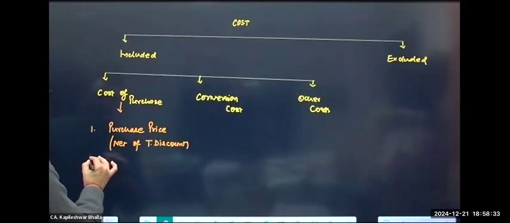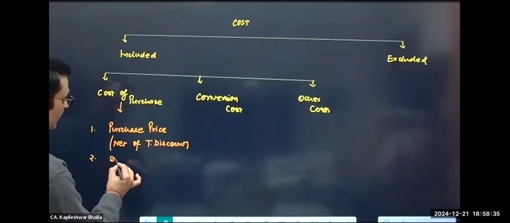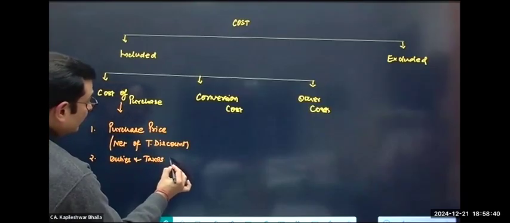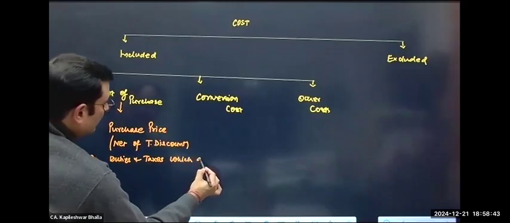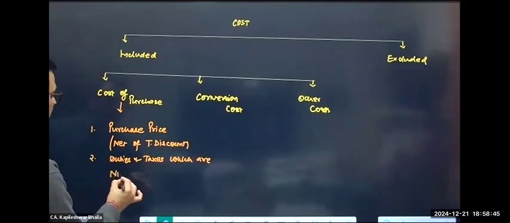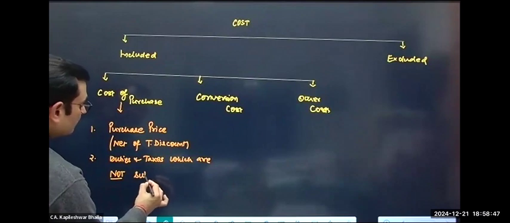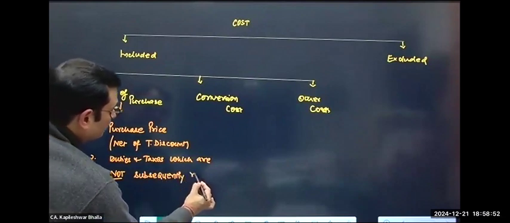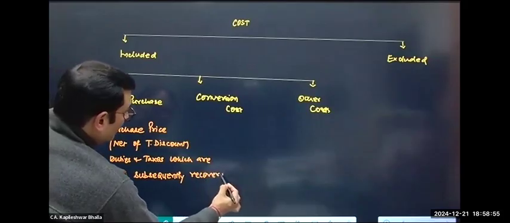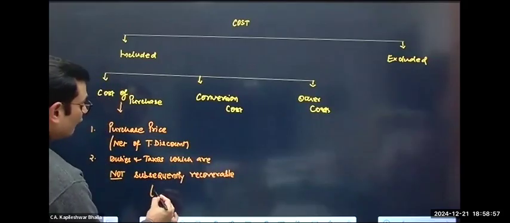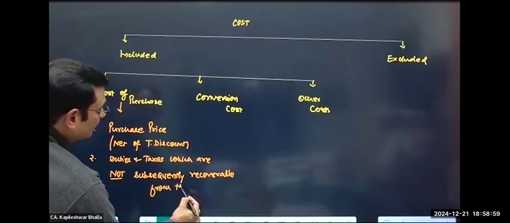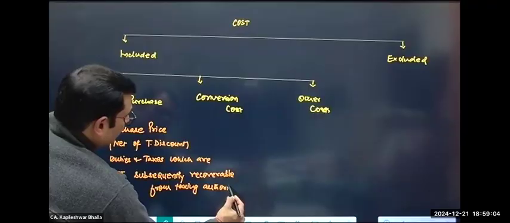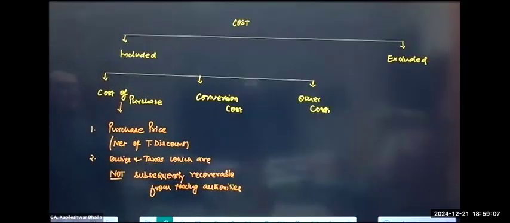Then the standard says as a part of the purchase cost, you will take any duties and taxes which are not subsequently recoverable from taxing authorities.